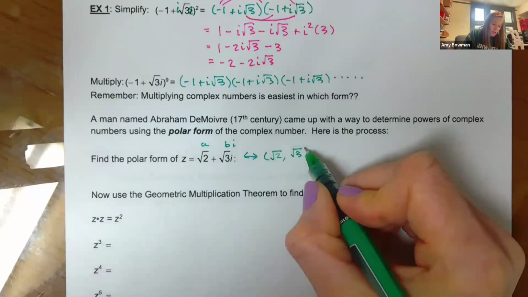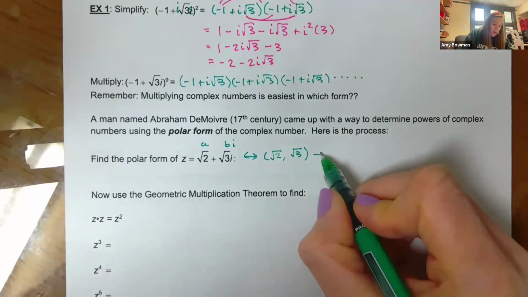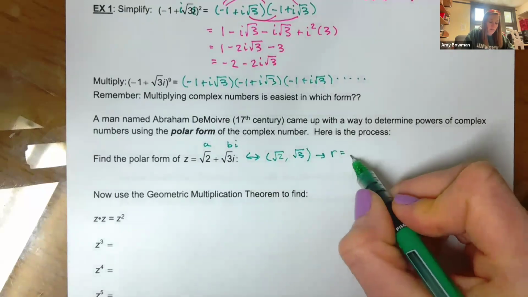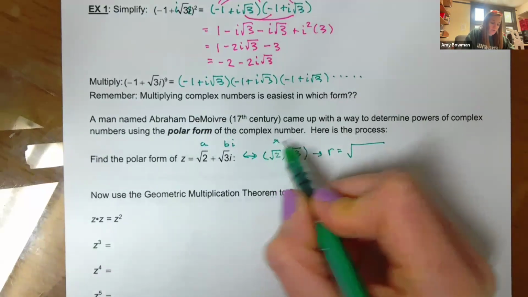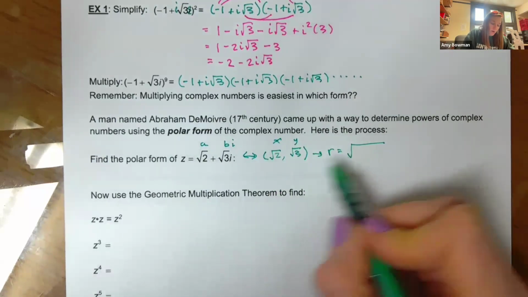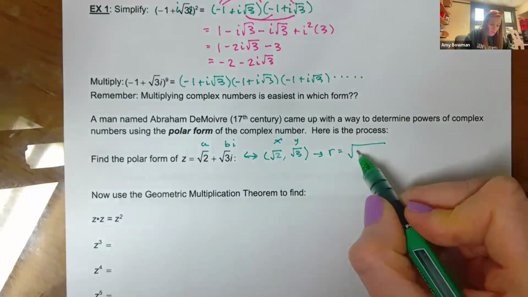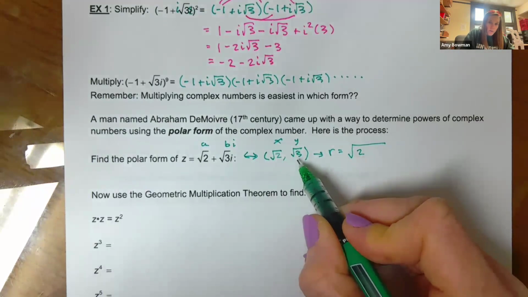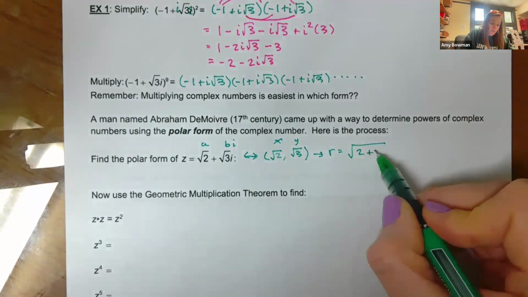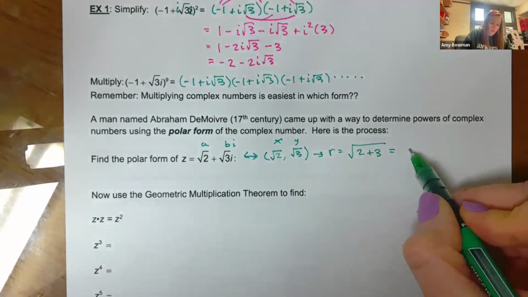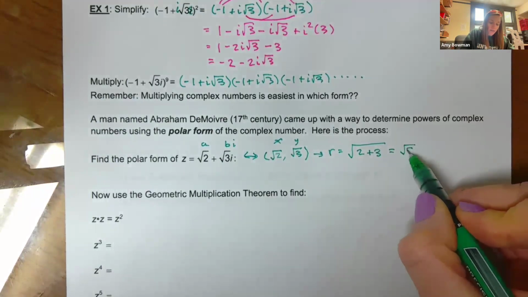To find r, it's just the square root of x squared plus y squared. So the square root of 2 squared, which is just 2, plus the square root of 3 squared, which is just 3. So we get an r value that is the square root of 5.